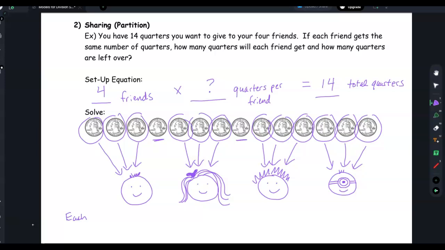I would say that each friend gets 3 quarters. So the units on my quotient are quarters. And then the remainder of 2, I could say there are 2. So 2 what? That's also quarters. So there's 2 quarters left.